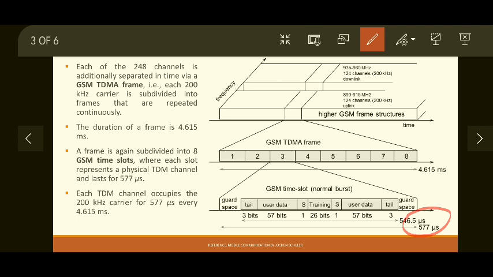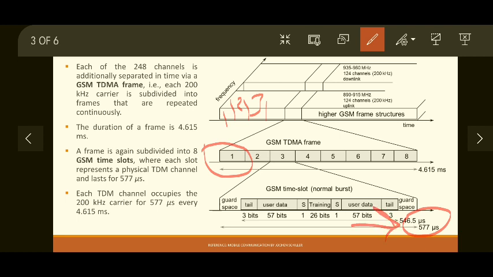If we have multiple frames like 1, 2, 3, each user gets a chance to transmit data in each frame only once. If I am user number 1, I will get time slot 1, for example. I will transmit data in the first frame, then in the second frame, then in the third frame, and so on, for only 577 microseconds.